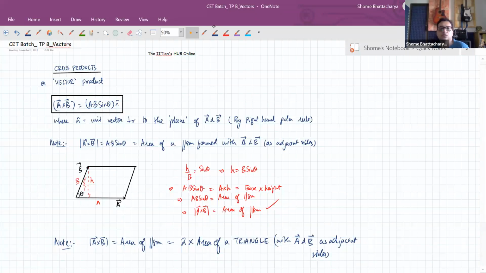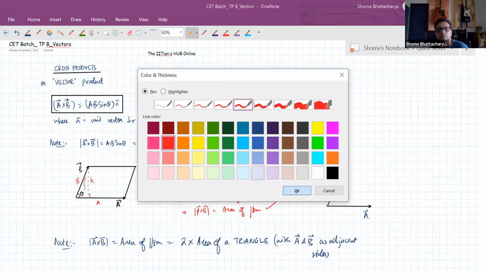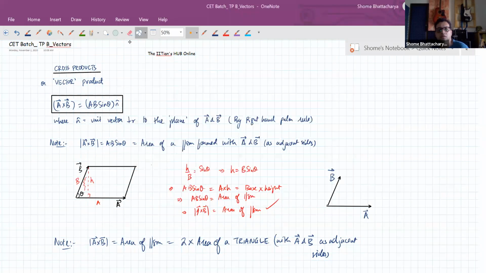You can understand that in this same type of diagram. If you consider this triangle now, this triangle has exactly half the area of the parallelogram.